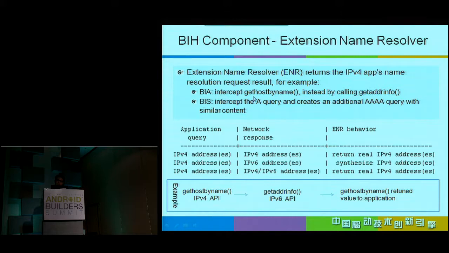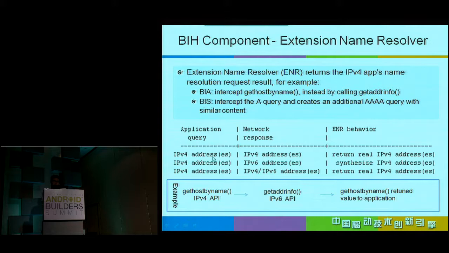One is that the BIA intercepts the gethostbyname call inside by getaddrinfo, because the current application using IPv4 uses gethostbyname, since it doesn't know getaddrinfo in the IPv6 socket API. So let's look at the example.